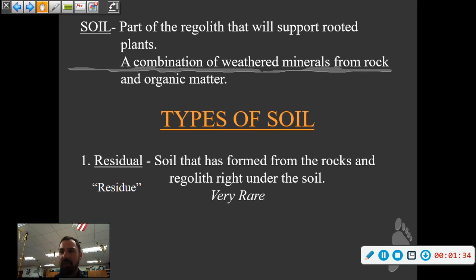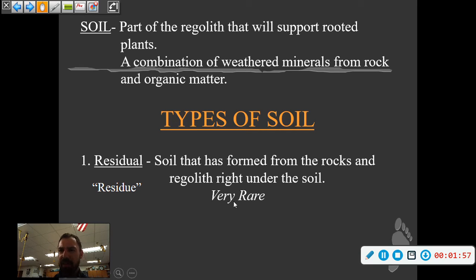There are two major types of soil. Residual means it's formed from the surrounding rocks in the area, so the rocks right under the soil. This is a very rare situation. I always see the word residue in this, so stuff left behind.